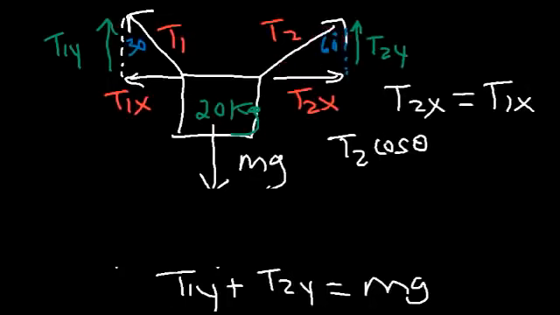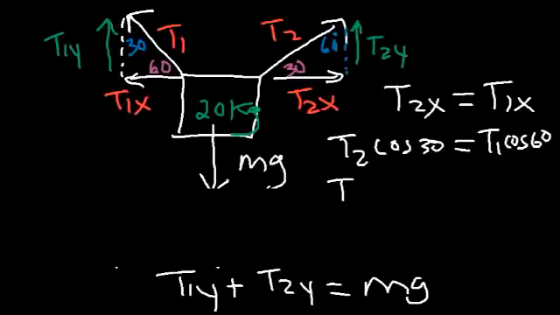So T2 cosine 30 is equal to, now for T1x, let's use the 60, because that's really the standard angle that is close to the x-axis. Cosine 60 is adjacent over hypotenuse. So T1x is T1 cosine 60. So let's get T2 in terms of T1.